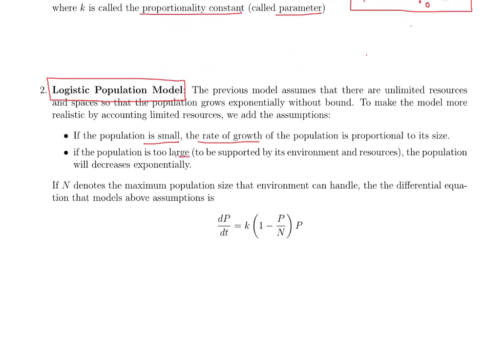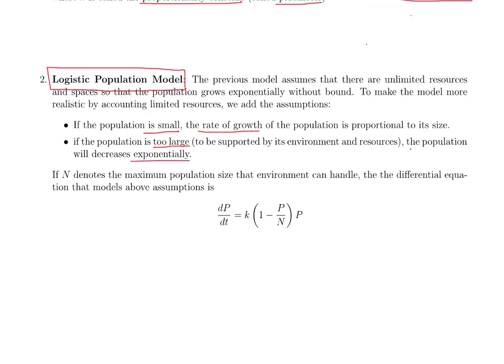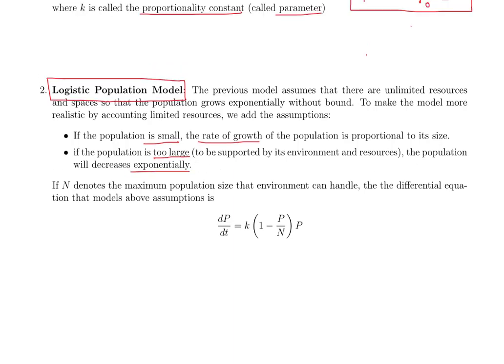If the population is too large, so we need to again specify what we mean by too large, the population will decrease exponentially. That means the population growth rate is negative. So growth rate is negative. That means population goes down. Okay.